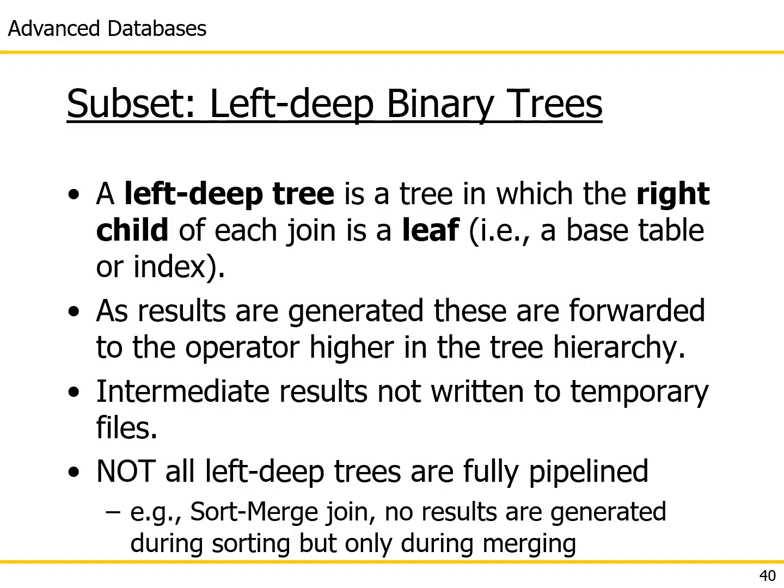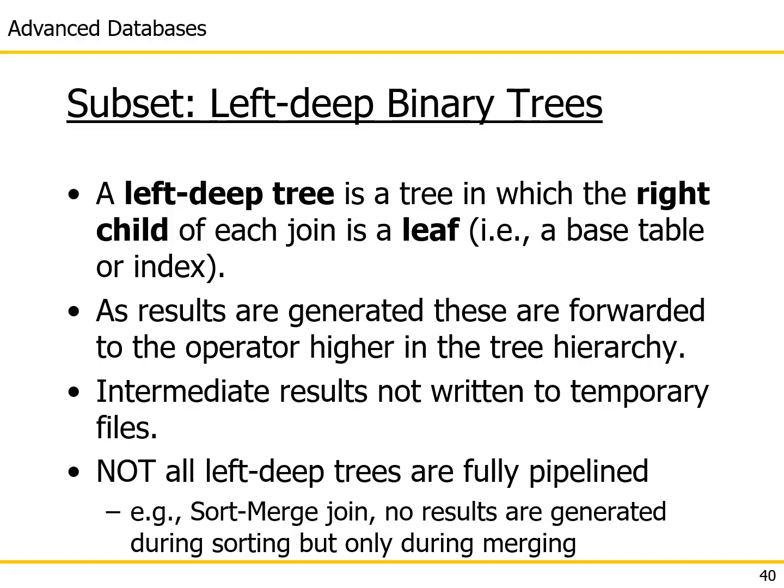If it's skewed to the left and always has a leaf to the right, then I can always feed a leaf through the right child. Since this is binary, I have at most 2 children per node, and the right child is always a relation, so I can gradually feed in the relations as I go up the tree.